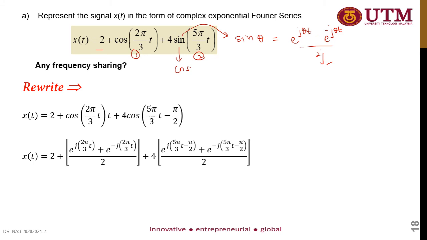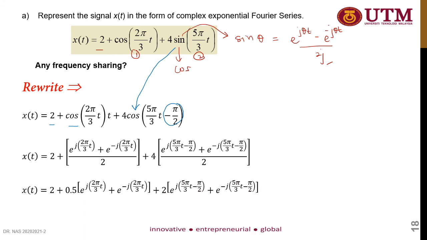Okay, so when you rewrite, so this is the first component, this is a cosine function, and then plus, convert the sine function into cosine function, you'll be having a phase shift of negative pi over 2. Okay, so now convert each of the component into exponential form. Okay, so this is the constant.